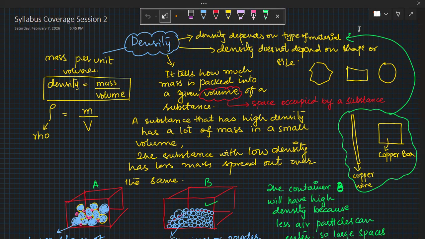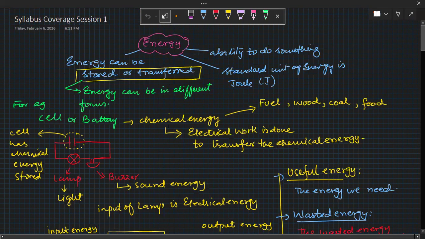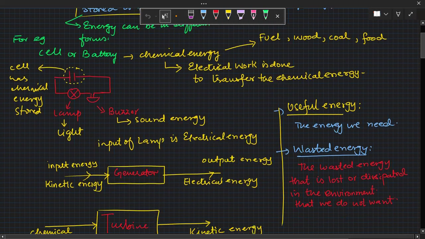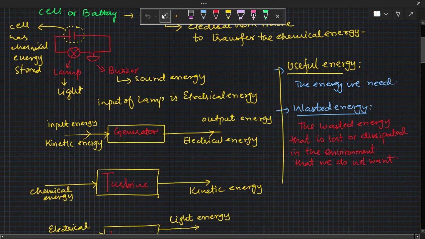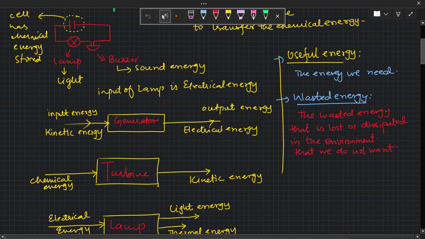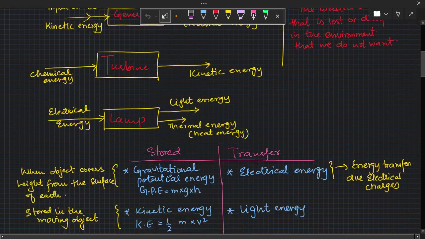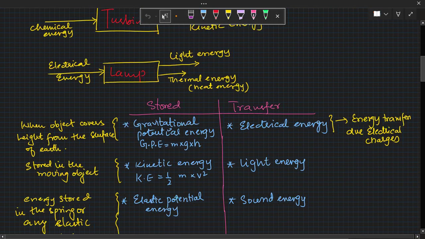In the last couple of classes, we covered energy. We started off with energy, how energy transfer takes place, what is useful energy, what devices are and how they work, what the input energy and output energy are, and the stored forms of energy.